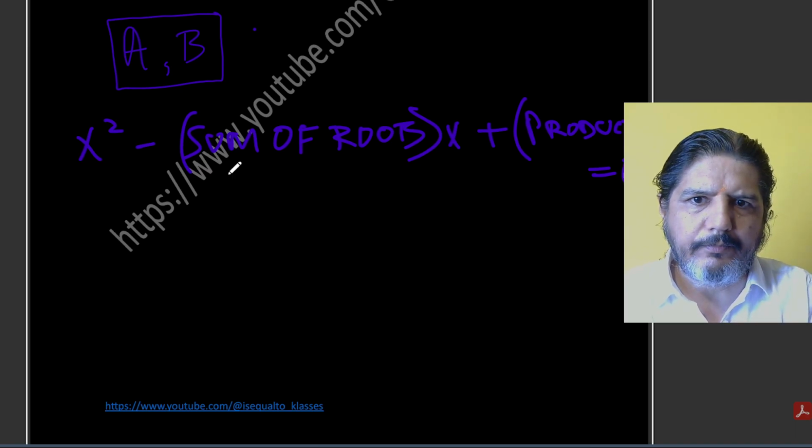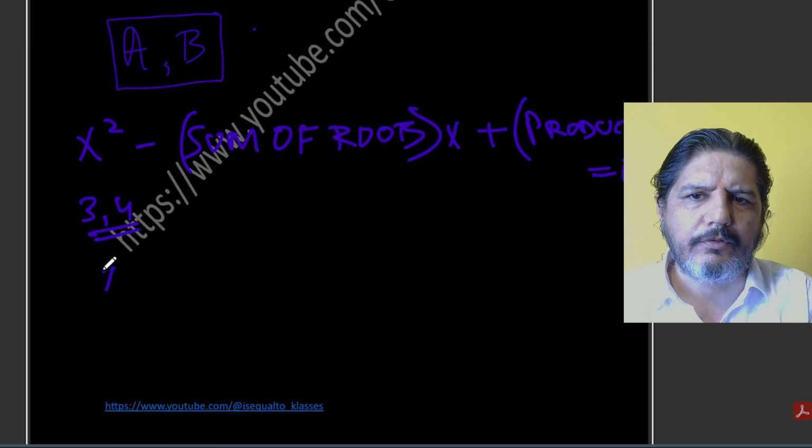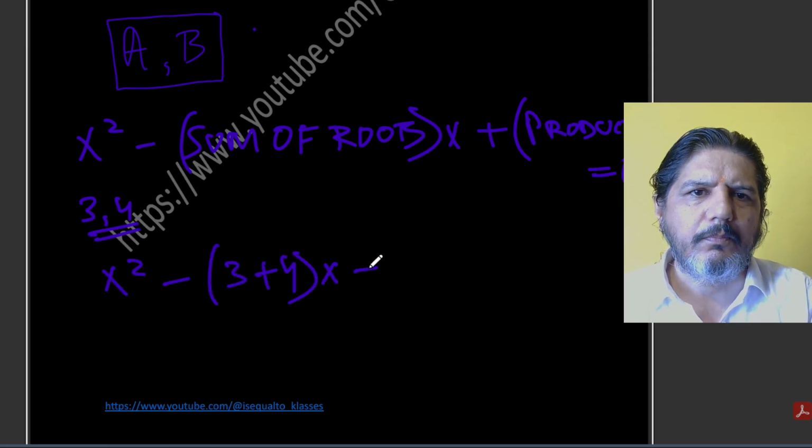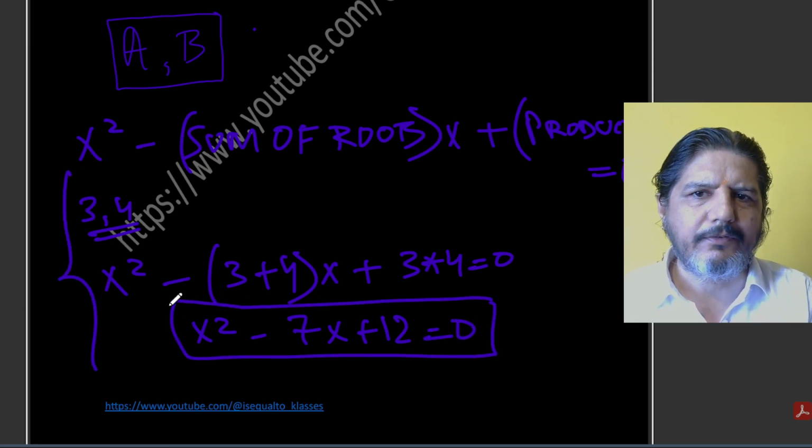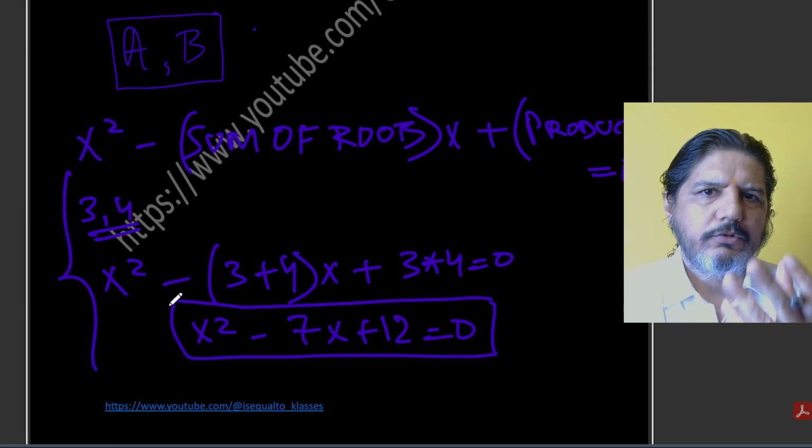For example, if the given roots are 3 and 4, the equation will be x square minus (3 plus 4)x plus 3 into 4 is equal to 0. So x square minus 7x plus 12 is equal to 0. This is a simple example to explain how we form a quadratic equation if the roots are given.